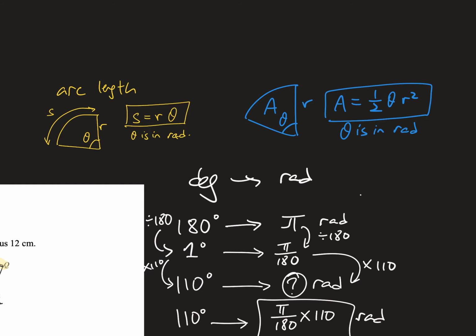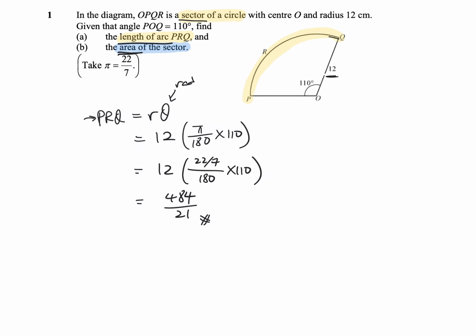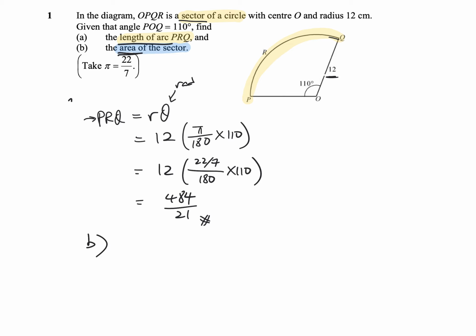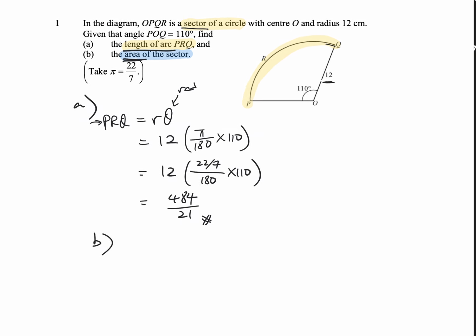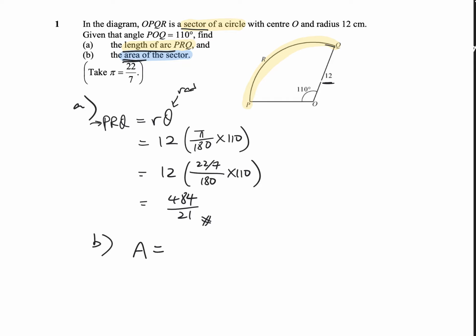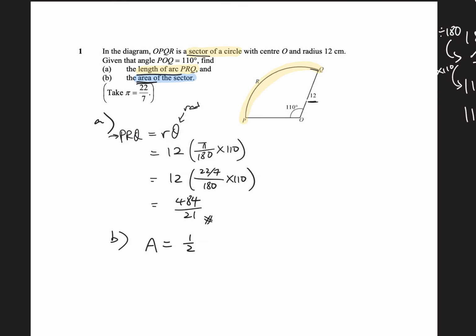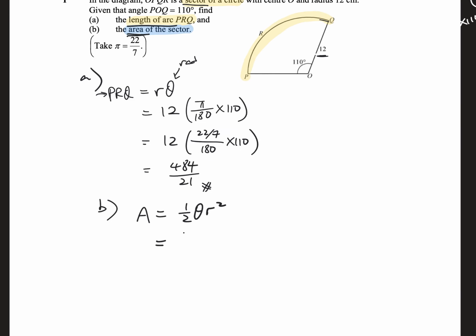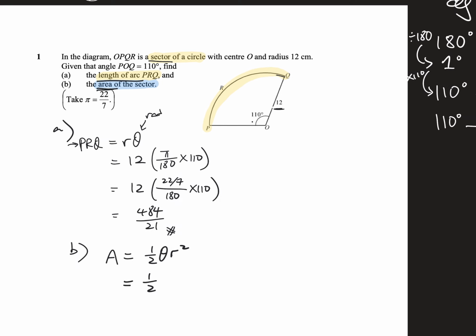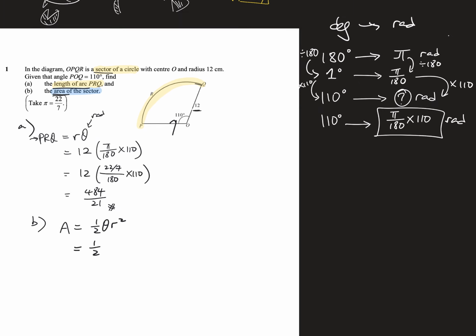Okay, so let's apply that. For part B, we say that the area, let this area be A, is half times theta times r square. And that equals half times, what is theta? It's in radians. Well, it's the same as part A. It's still 110 degrees, which we converted just now.